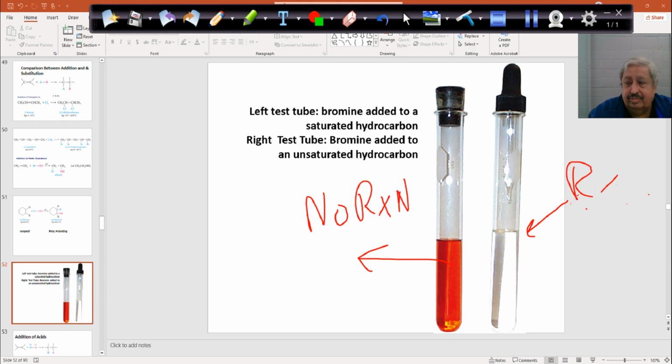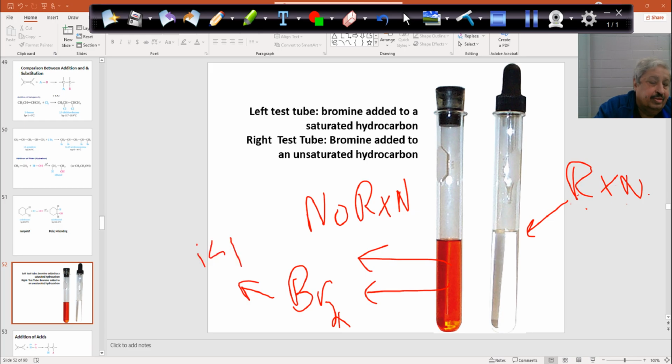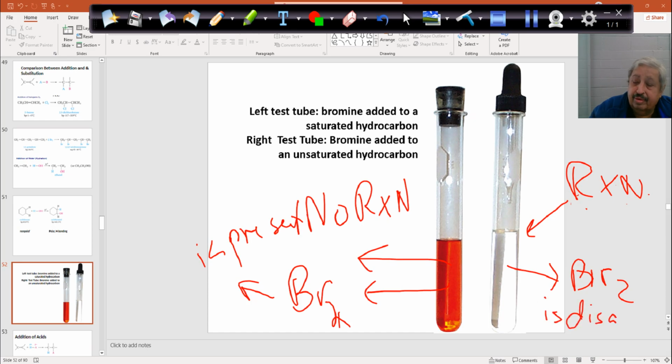Here is reaction. The bromine is still there. Bromine is present still. Correct? I added to two test tubes. Here, bromine is gone. Bromine is disappearing.